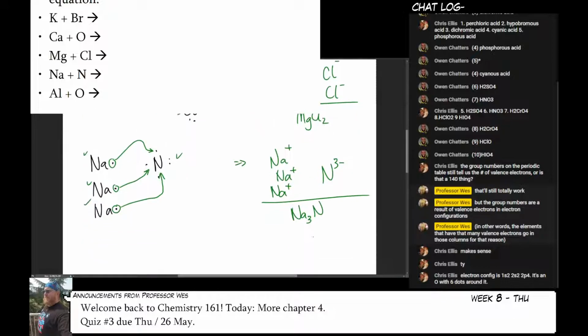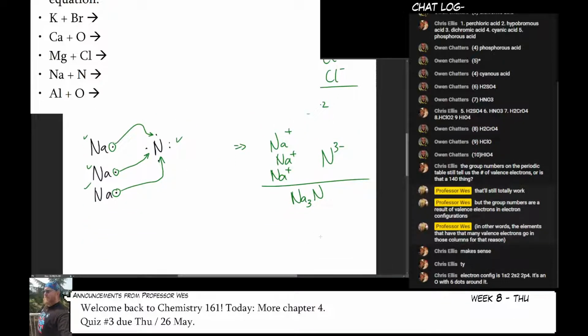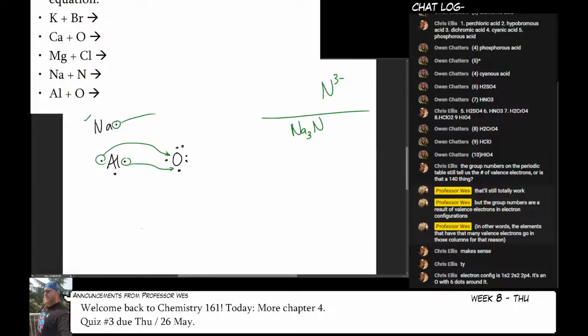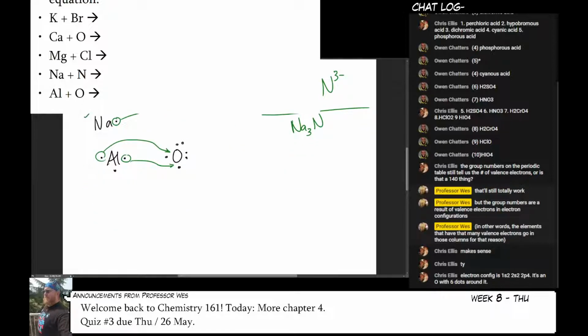And similarly, we can do this with aluminum and oxygen here. It just takes a second to get us there. So here's aluminum. There's our oxygen. So I can do this, but then I don't have enough space to put an electron from the aluminum on anything. So we'll get another oxygen here. And then I can do this.